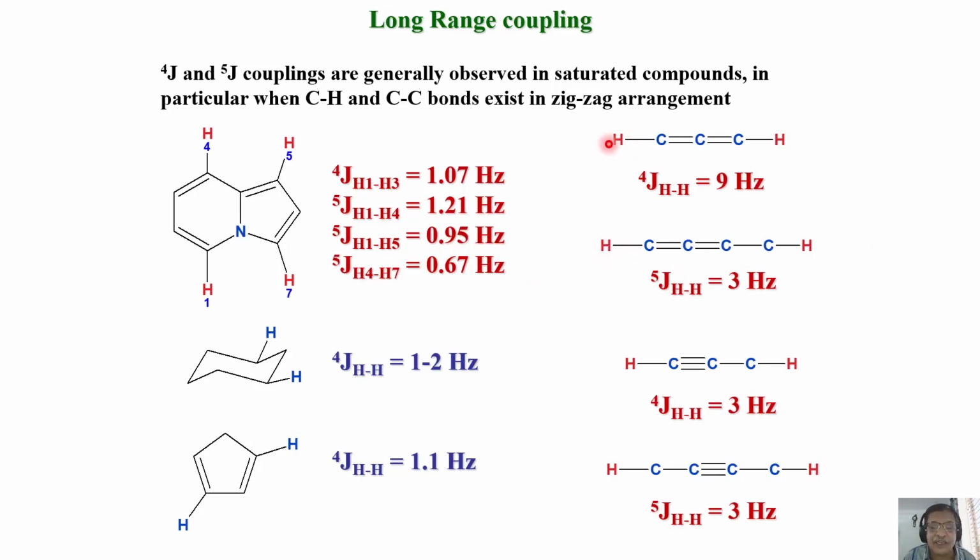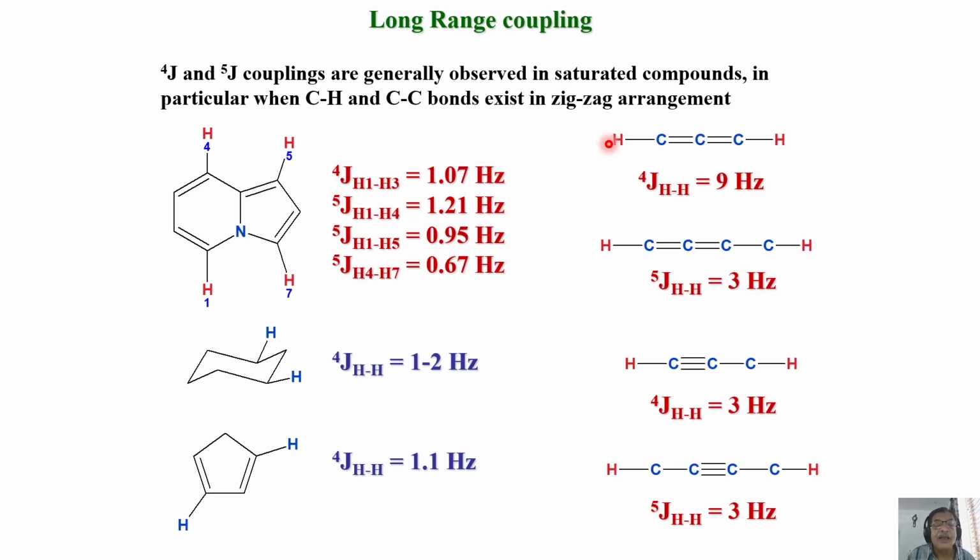We saw that in the hydrogen molecule it is 276. 2-bond is smaller than that, and 3-bond is even smaller. As you keep going farther away, 4-bond, 5-bond is much smaller. Coupling strength drastically reduces after 3 or 4 bonds. In most cases, 4-bond couplings are very rarely seen, with very small values.